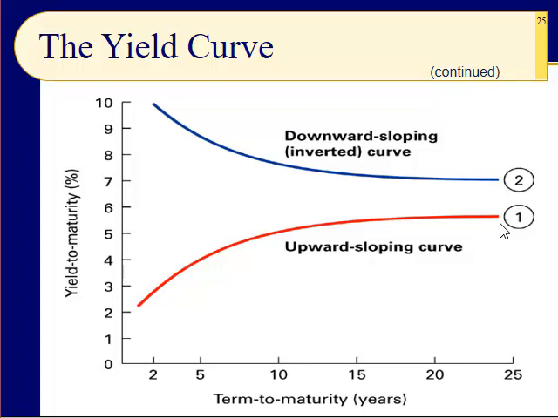That's normal. But sometimes we see a downward sloping, an inverted curve, the blue curve, if you're looking at this, where short-term interest rates are higher than long-term interest rates.